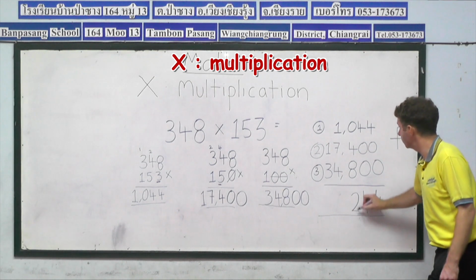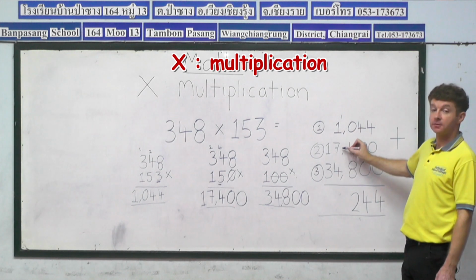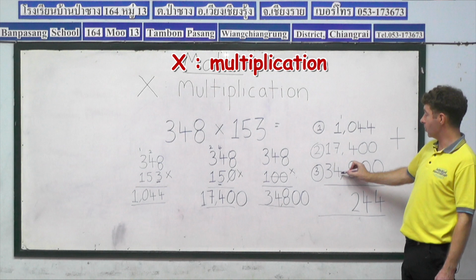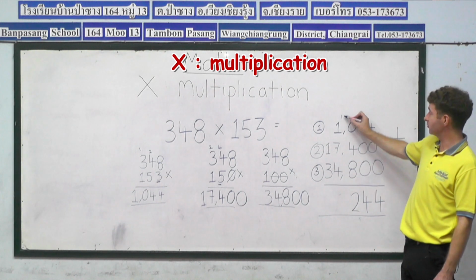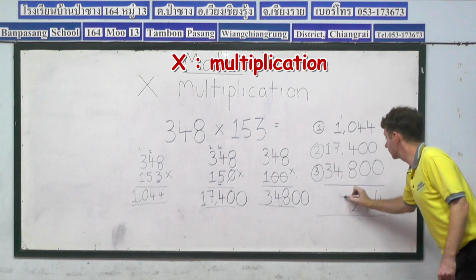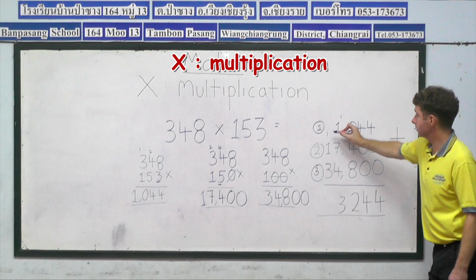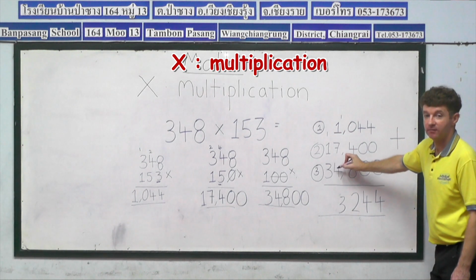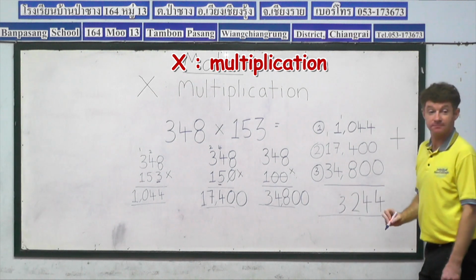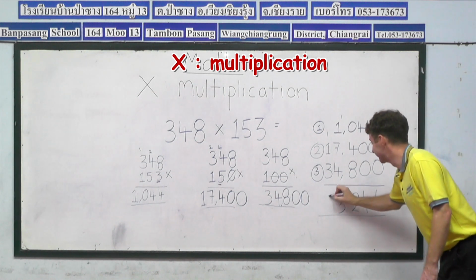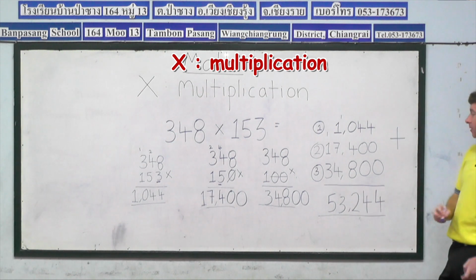So write the 2, carry the 1. 1 plus 7 plus 4, 12 plus 1, 1 plus 3 plus the 1 we carry, 5. And then we look at our answer and we place our comma here.